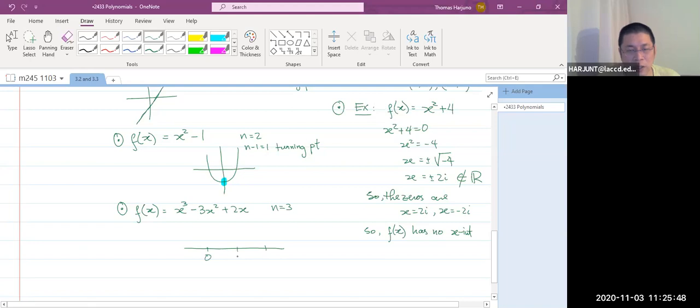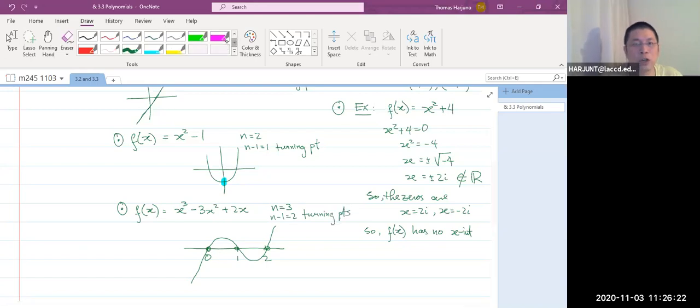All of them happen to be real numbers, so it translates into 3 x-intercepts, and it looks like this. How do I get this? I will teach you later on. There are 3 zeros, and these 3 zeros happen to be all real numbers, and therefore you have 3 x-intercepts, and it has n minus 1 equals 2 turning points.